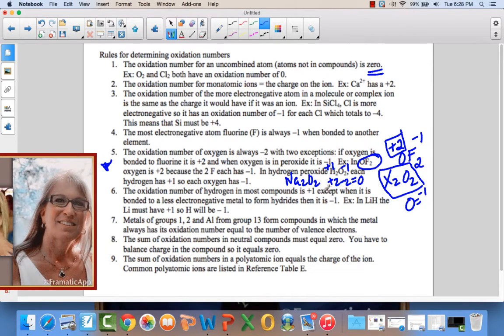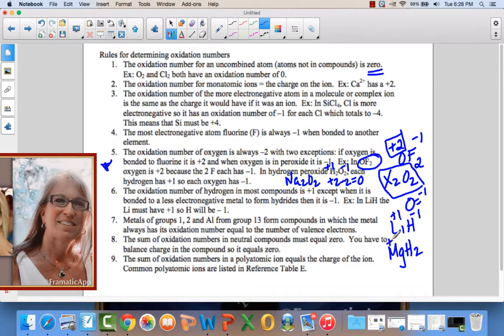The last exception to the rule is when hydrogen combines with a metal to form a metal hydride, so LiH. Normally we know hydrogen is +1, but metals are very, very reactive, so metals are going to assume their +1 oxidation state, which means hydrogen is -1. Another example is MgH2.